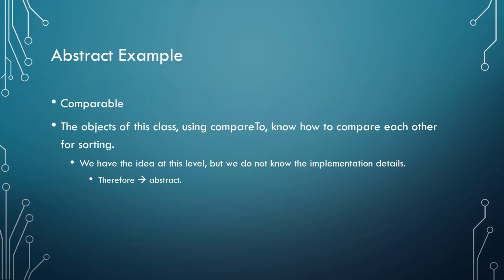So here's another abstract example. Comparable. The objects of this class using compareTo know how to compare each other. So if you say you implement Comparable, you have to implement compareTo. The compiler makes you do that. So the compareTo in the sort routine, say the sort knows how to put objects in sorted order, and it has very sophisticated logic to do that very quickly.